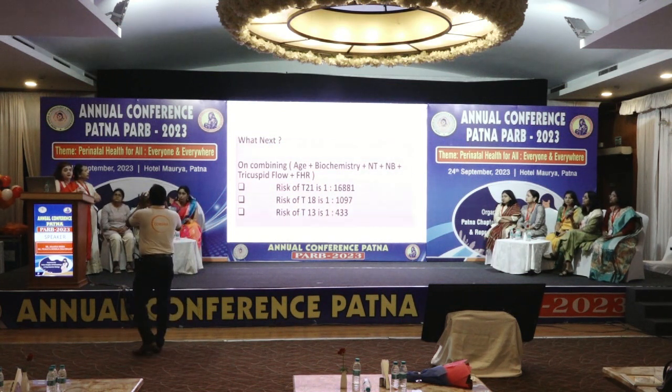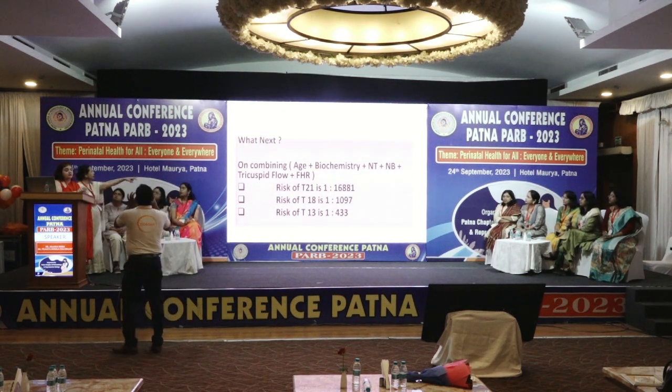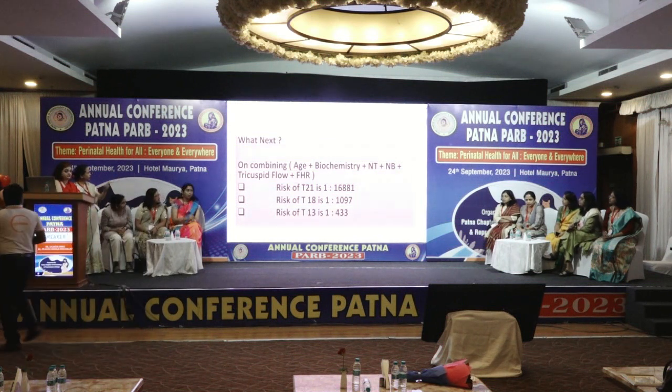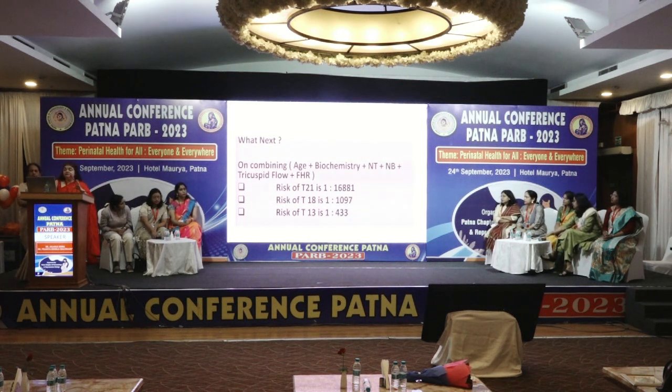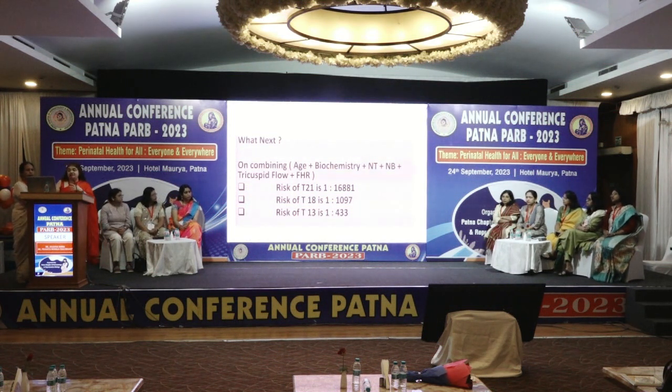Ma'am, just want to add. Here the risk of T21 is very, very low, as you can see. And the 18 and 13. Now, after the lab was contacted, they have reported with age, as Sangam was pointing out. So age, biochemistry, nuchal translucency, and they have taken the secondary markers also like nasal bone, tricuspid flow, fetal heart rate.